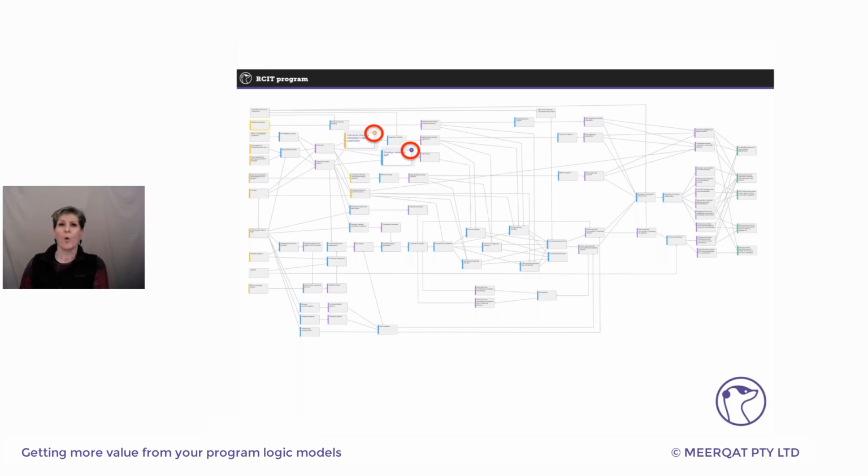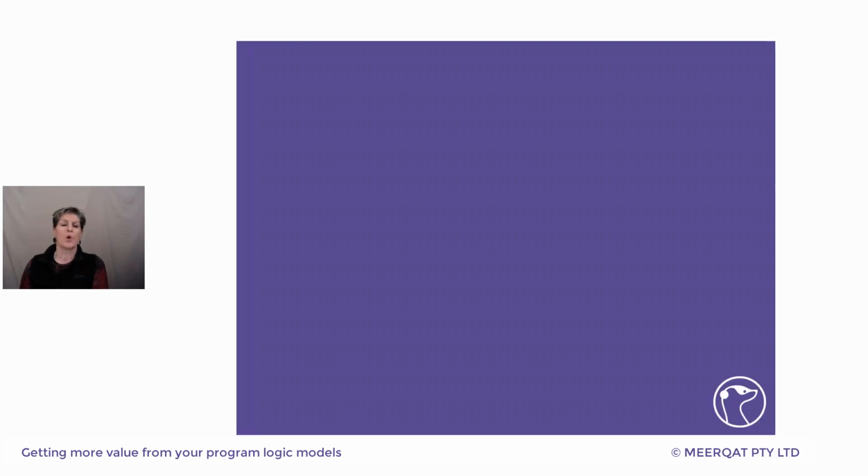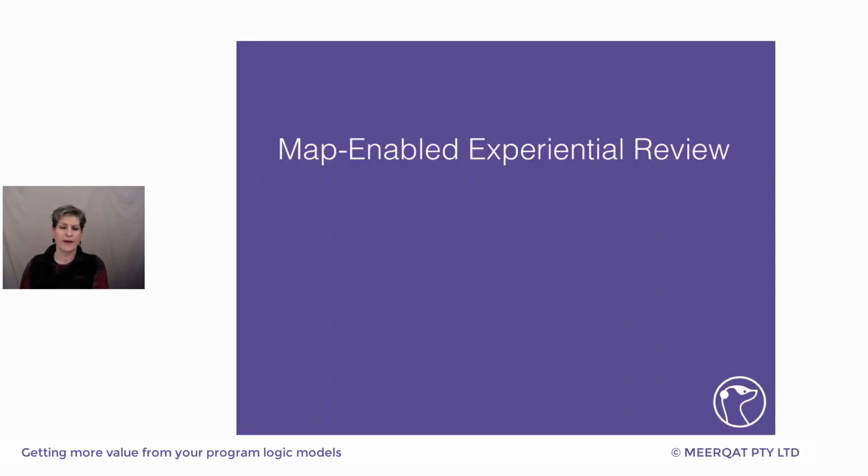And of course, when all of the nodes in the map have been rated, as we see in this slide, you then have an instant snapshot of where program implementation had worked well and where problems or issues had been identified. Anyway, that was the concept, which we called Map-Enabled Experiential Review, or MER.